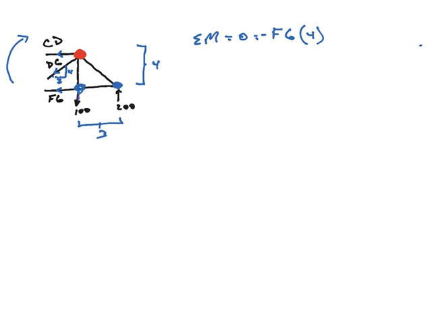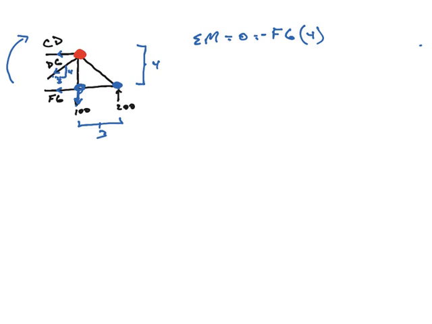Next, we have this 100 here, but that 100, notice, his line of action, his force, lines up perfectly with the point of rotation we're talking about. So he will not give rise to any moment.